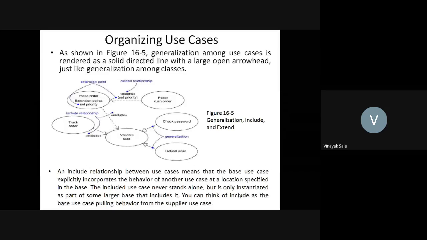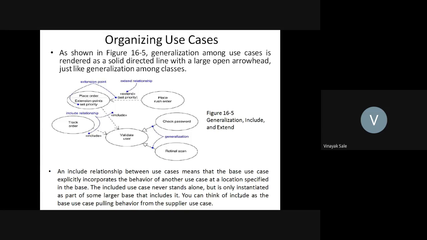So as shown in the figure, generalization among use cases is rendered as a solid directed line with a large open arrowhead. These are the generalizations. In the previous slide's example, we have seen Validate User in the case of banking, with Check Password and Retinal Scan.